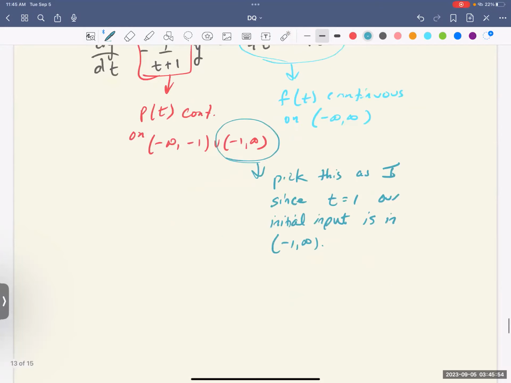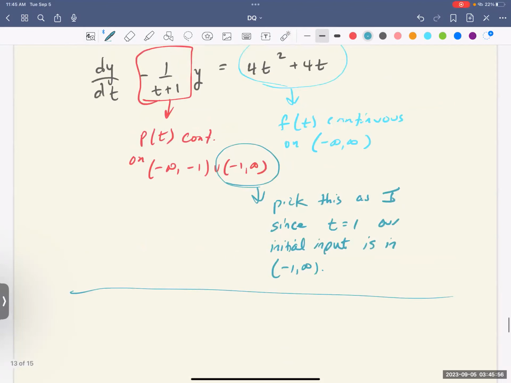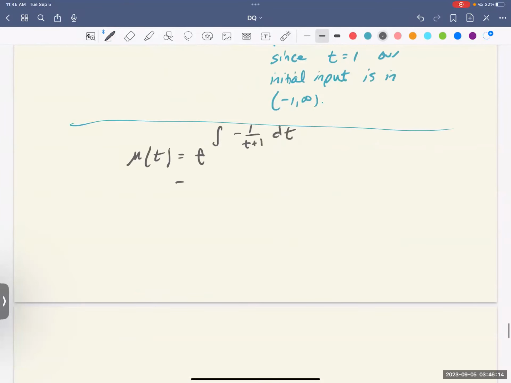Okay, let's keep going. Now we need an integrating factor. Mu of t is e to the integral of negative 1 over t plus 1 dt. Okay, this is more tricky.